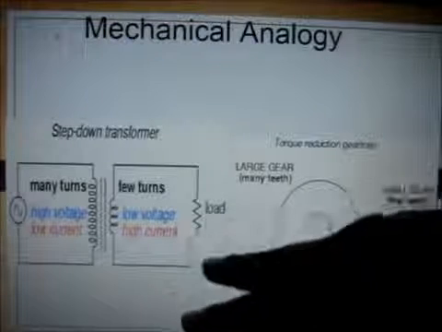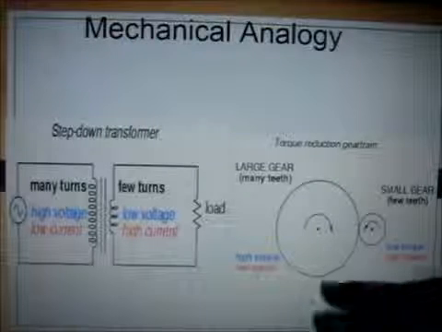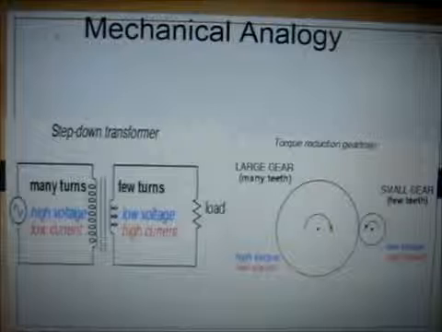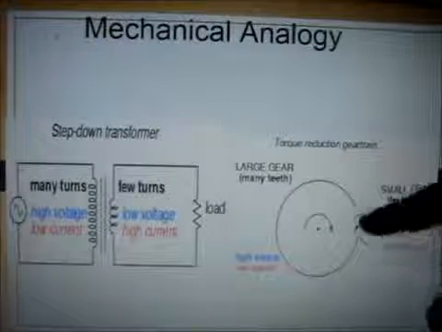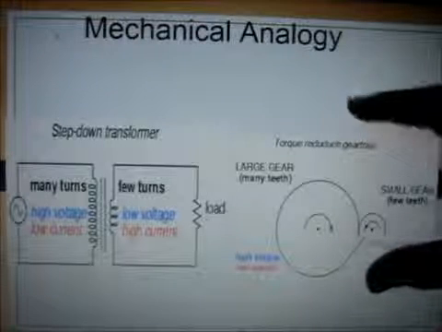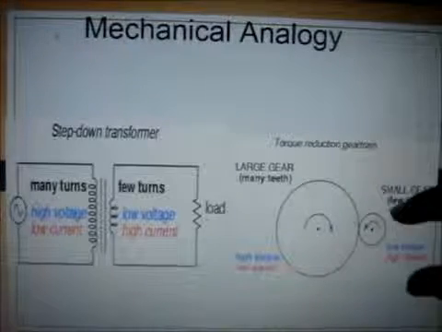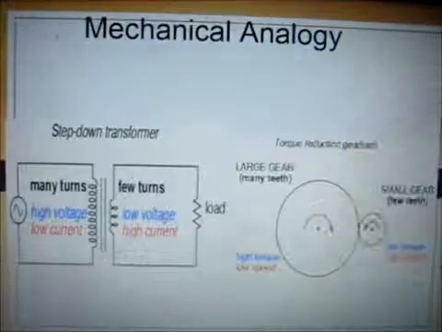Now, how is it compared with a mechanical analogy? This is the electrical part, and how is it compared to the mechanical analogy? You can see a gear train, having wheels, a larger gear and a smaller gear. Now think of this as the step down transformer, in which the conversion takes place from the larger gear to the smaller gear, as it takes place from many turns to few turns.